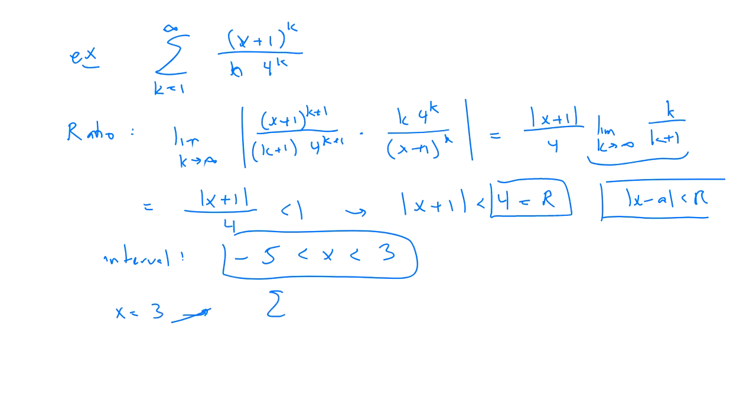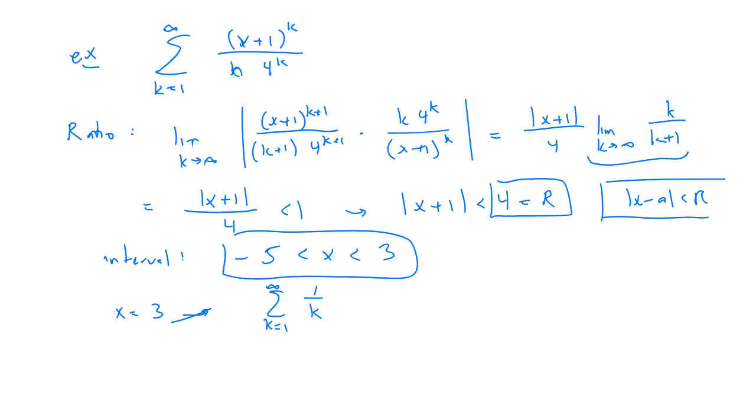And since I don't have as much space, as I said, I'm going to try to simplify things as I'm going. So if I put in x equals 3, I get 4 to the k in the numerator, and k and 4 to the k in the denominator. So it simplifies to that. So any questions on this, as I skip the step where you plug it in?